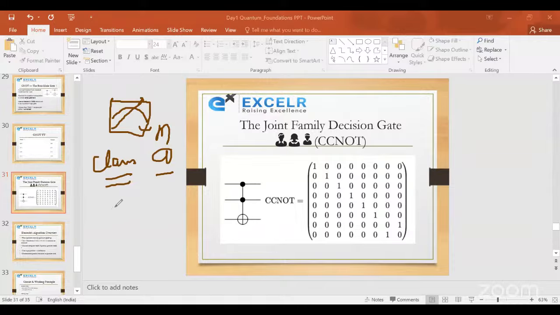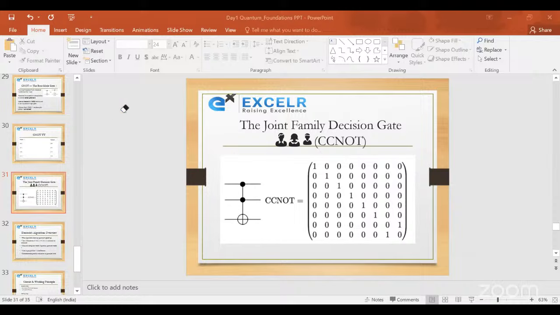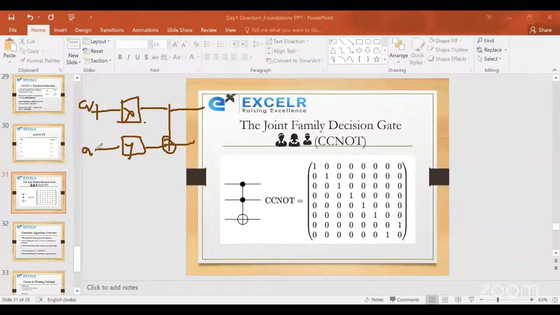after measurement, suppose we take the same gates here: X, suppose Y, and suppose a CNOT gate. There is an input Q1, input Q2.